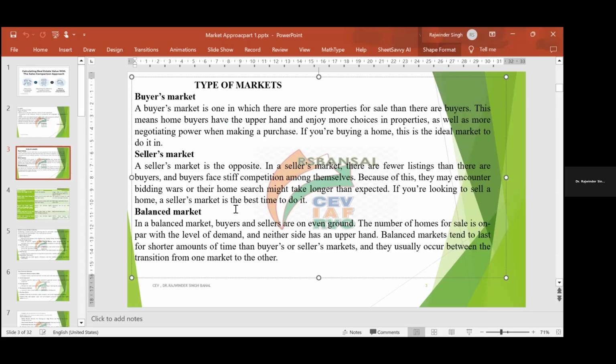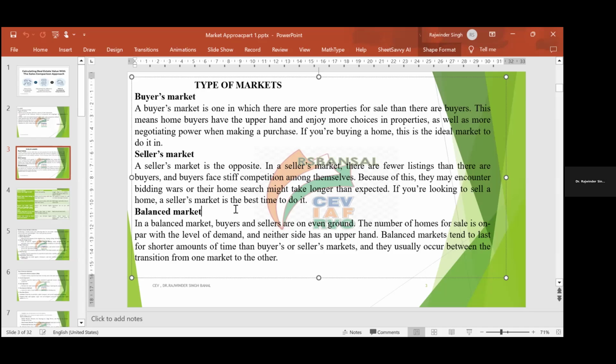And then there is a transition period between seller's market and buyer's market. It depends upon the economic conditions of a country. Many times it is a seller's market, many times it's a buyer's market. Then in between, a transition period is there where the number of buyers and sellers are at par, maybe with a very small difference between them.